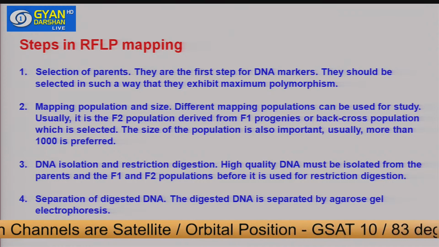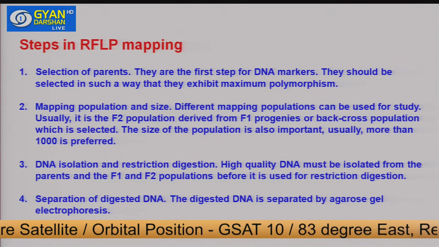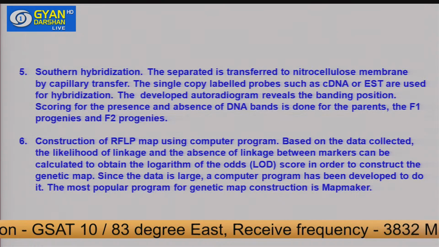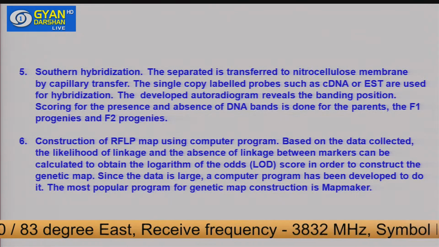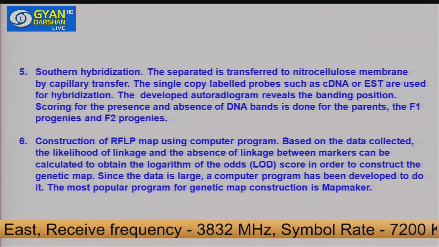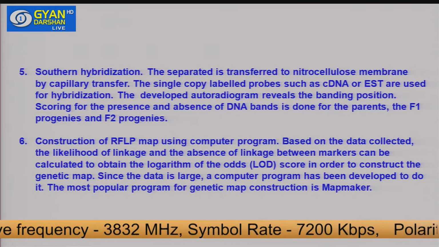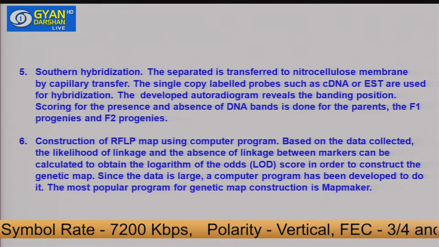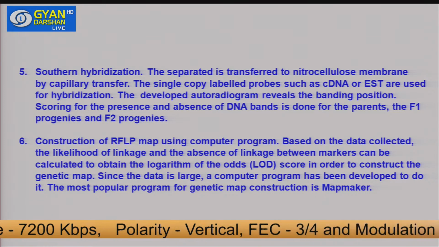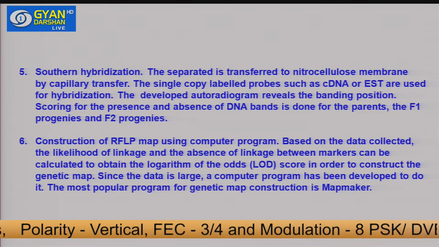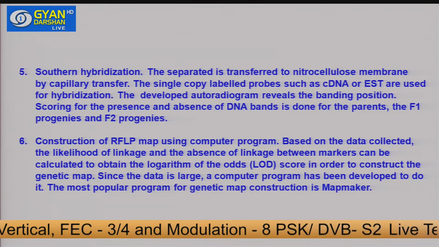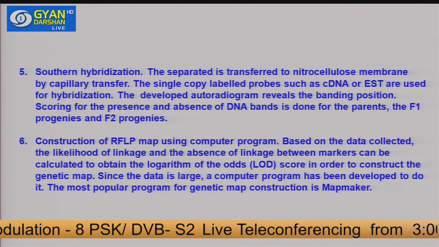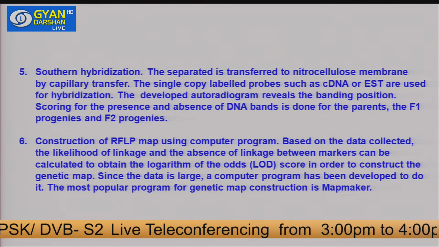Then you separate the digested DNA by agarose gel electrophoresis, and here you apply Southern hybridization, that is, the separated DNA is transferred to a nitrocellulose membrane. Single copy labeled probes such as cDNA or EST are used. EST stands for expressed sequence tags. You use these labeled probes for hybridization, that is, for binding. The developed autoradiogram reveals the banding position.